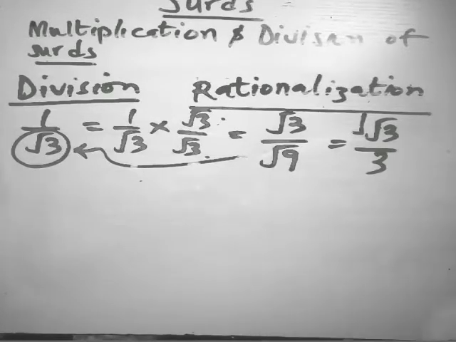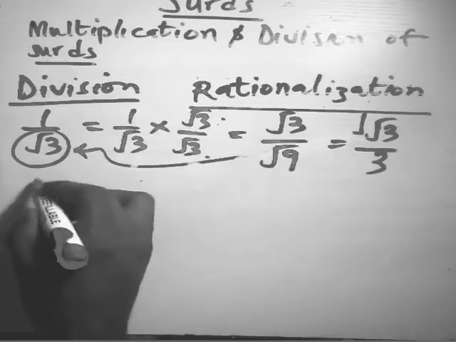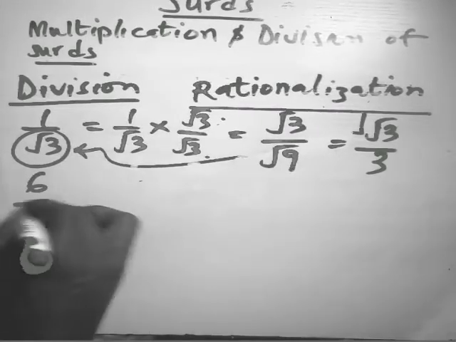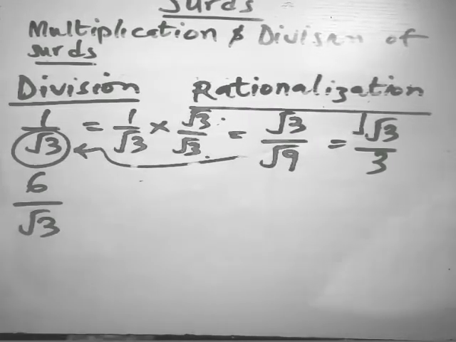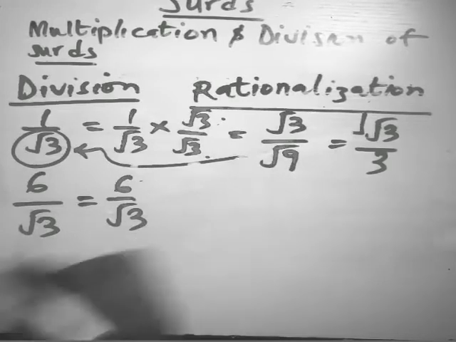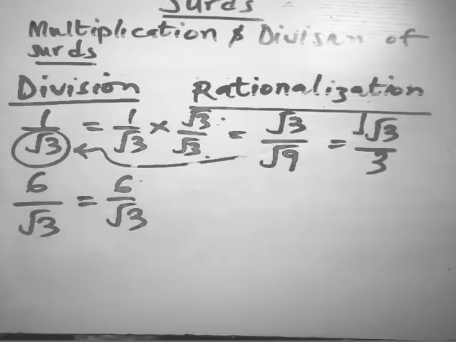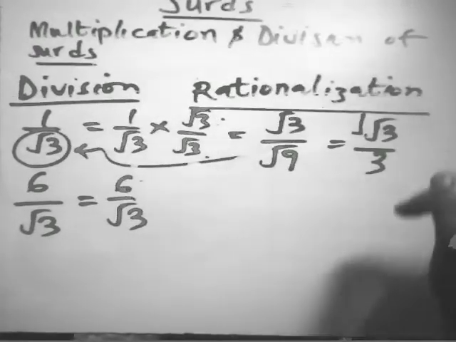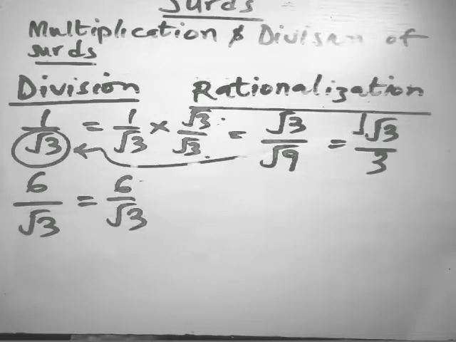Let's check out other examples. For instance, I have 6 at the top divided by root 3. Simple, don't be scared. All you need to do is take 6 over root 3. Which number should I use during my rationalization? Correct, root 3.